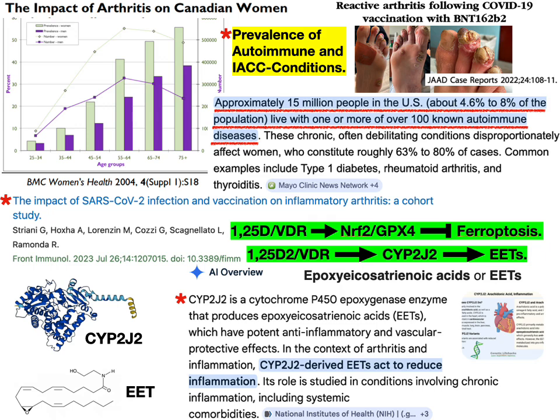In the context of arthritis and inflammation, CYP2J2-derived EETs act to reduce inflammation. Its role, namely CYP2J2, its role is studied in conditions involving chronic inflammation, including systemic comorbidities.